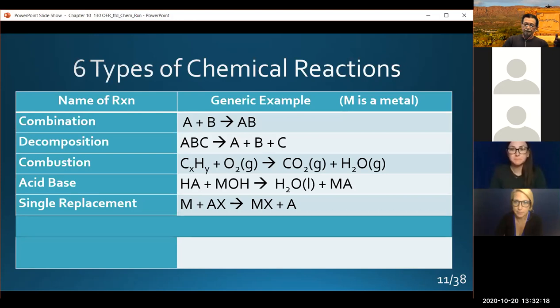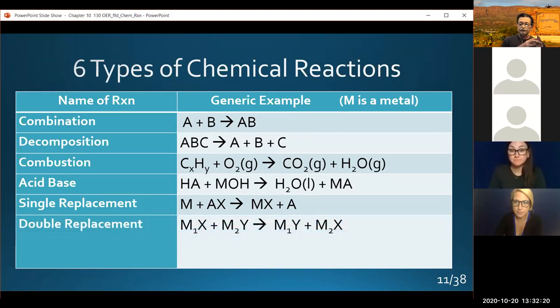We'll explain that. Then what we have is called a double replacement reaction. Now analyze the reactants. We've got M1X reacting with M2Y. And then look at the products. Now we have M1Y. So in essence, what has happened is the partners, the anions, have exchanged.